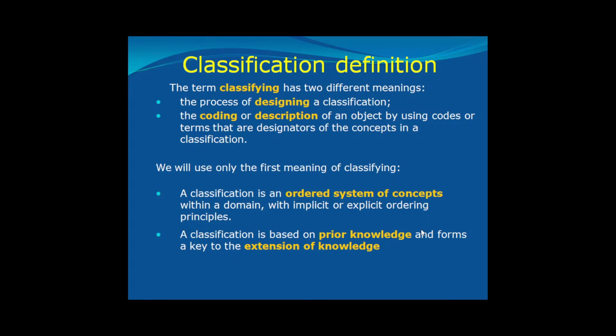The term classifying has two different meanings: the process of designing a classification, and the coding or description of an object by using codes or terms that are designators of the concepts in a classification. We will use only the first meaning of classifying.